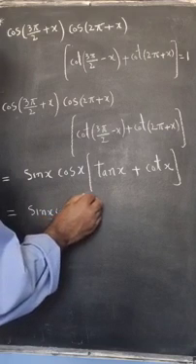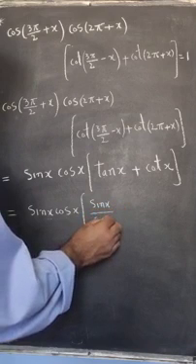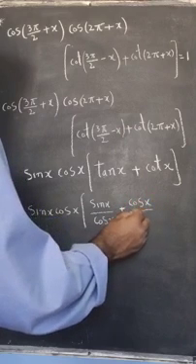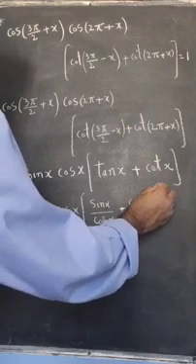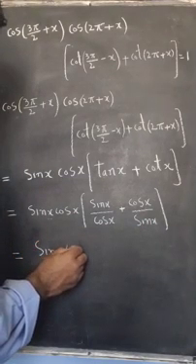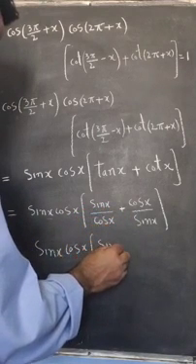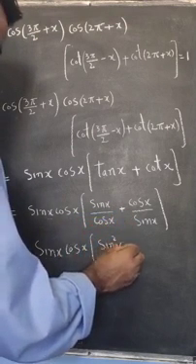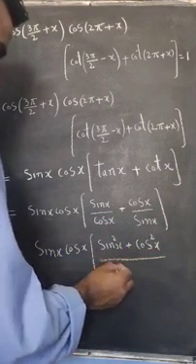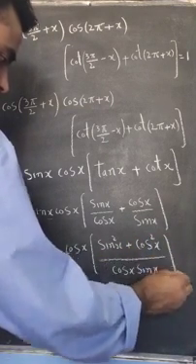cosine x. Instead of tangent we can write sine x divided by cosine x, and instead of cotangent we can write cosine x divided by sine x, that is further equal to sine x, cosine x, it is sine square x, on cross multiplying we get sine square x plus cosine square x divided by cosine x sine x.